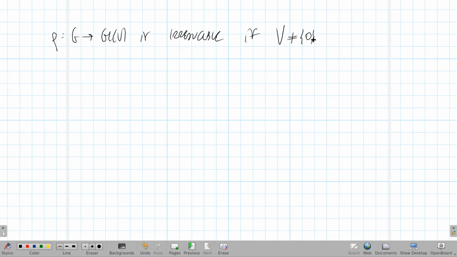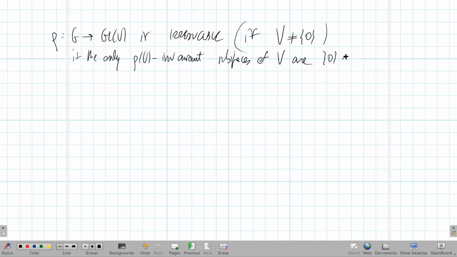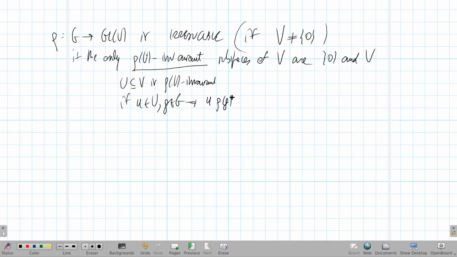So it's irreducible if V is different from 0, and if the only rho(G)-invariant subspaces of V are 0 and V itself, where rho(G)-invariant means: U, a subspace of V, is rho(G)-invariant if u in U and g in G imply that if you apply rho of g to u, you're still in U, okay? So there's nothing between, it's in some sense a simple object.